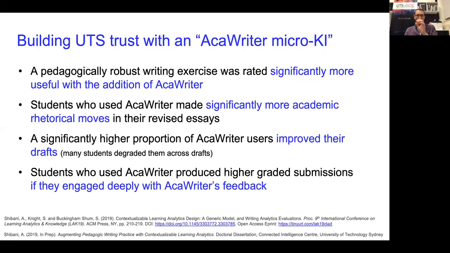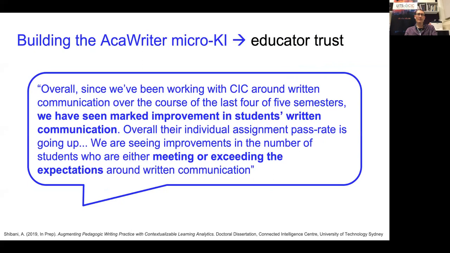And this is an example of micro knowledge infrastructure at the micro and meso level within, in this case, my university. But Academically is open source, and other institutions are now starting to test it in their contexts. And we would hope that the models that they build and the models we build are going to be of mutual benefit, and the insights they develop will be of mutual benefit.